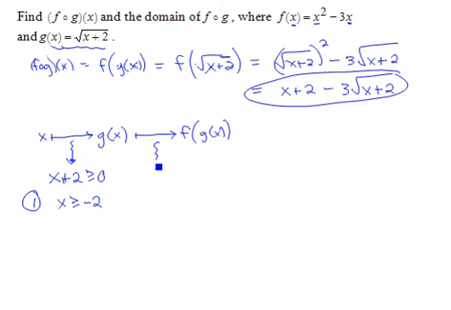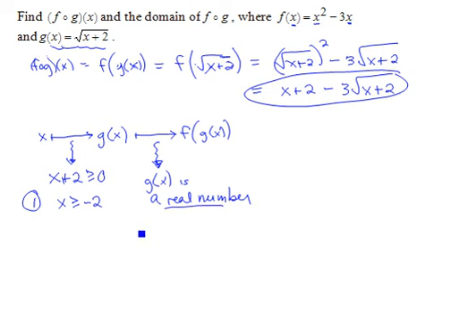Now let's look for restrictions that occur when we apply f to the results of g of x. Well, f is the function x squared minus 3x, and there are no restrictions on that. That can be evaluated for any real number. So what we would need then is for g of x to be simply a real number.